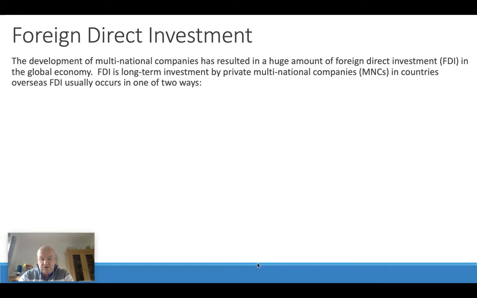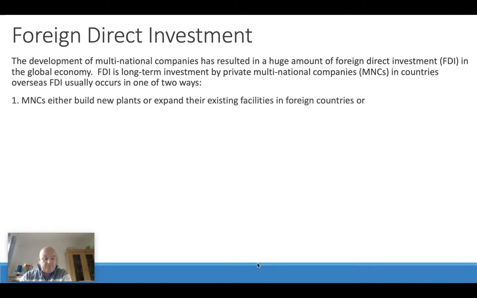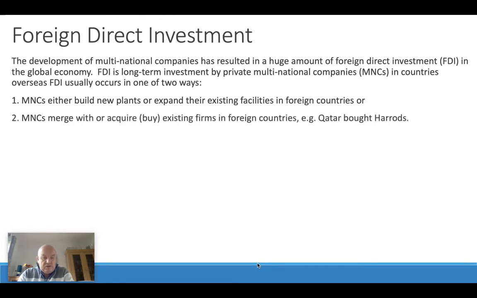This is a long-term investment provided by private multinationals or transnational companies in countries overseas, and FDI normally happens in one of two ways. Either the multinational builds new plants or expands its existing facilities in foreign countries, or alternatively, it may merge with or acquire existing firms in foreign countries. For instance, Qatar bought Harrods as a classic example.